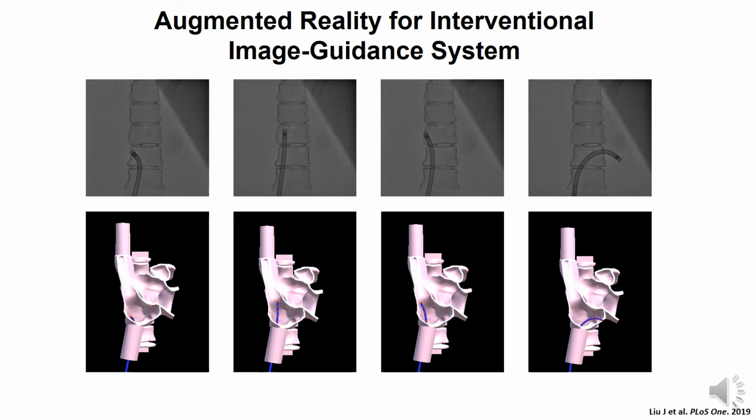In these cases, the spine has been used as a fiducial marker since it's easily seen on both CT as well as fluoroscopic images. Thereafter, the model is trained to recognize specific catheters and devices used by the interventionalist, thereby creating a real-time augmented reality system to guide procedures in the catheterization lab.